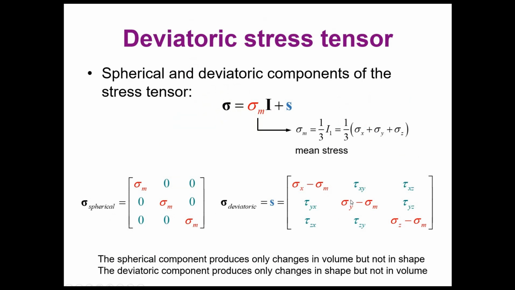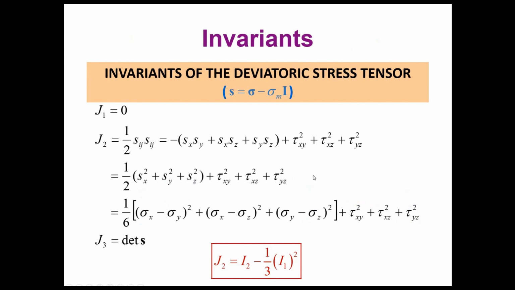And the deviatoric tensor is a tensor, so the summation of its diagonal will be constant as well, and in this case it's going to be equal to 0 because it's the deviatoric stress tensor. But the funny thing is that this tensor has more invariants. The first one is equal to 0 for the deviatoric stress tensor. The second has this funny expression in terms of the axial stresses and shear stresses, and you can also write this invariant J2 as a function of the principal stresses.